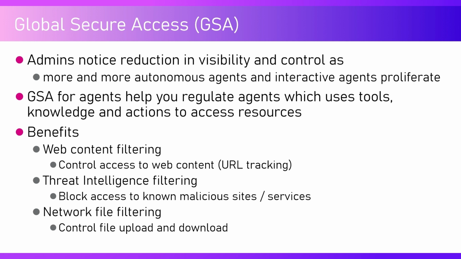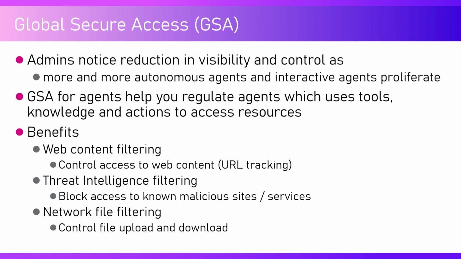The benefit of using global secure access is you get web content filtering, threat intelligence filtering, and network file filtering. Web content filtering is all about controlling access to web content, basically tracking the URL. Threat intelligence filtering is about blocking access to known malicious sites or services, or maybe a set of tables which lists down the malicious sites for a specific period of time.